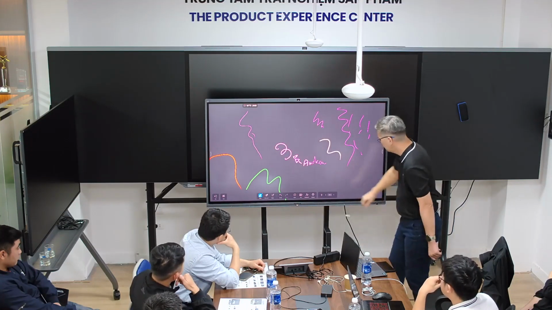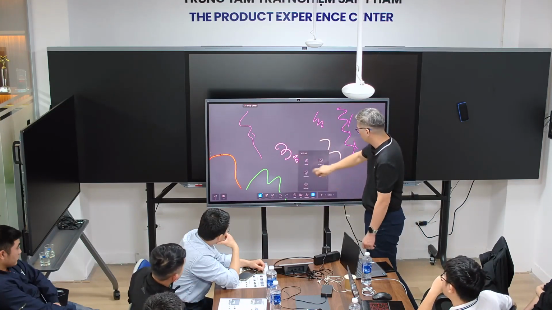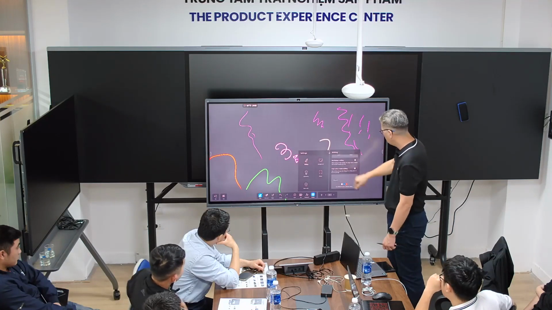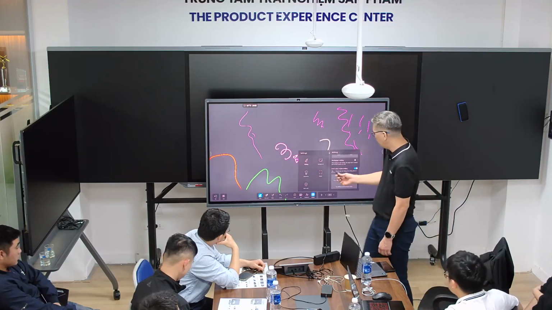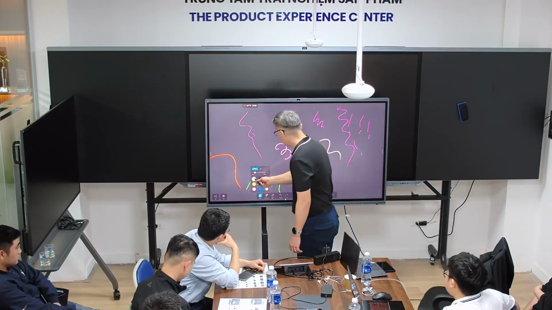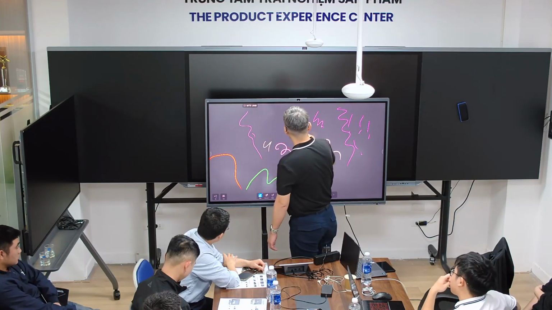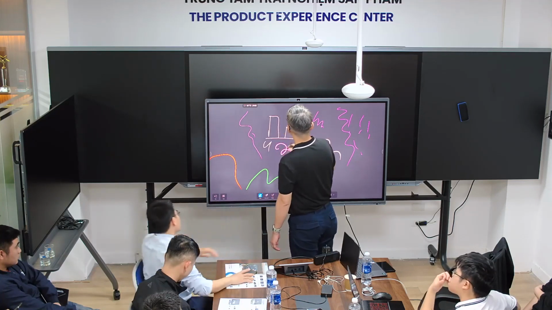But you can have multiple people writing at the same time. And also the dual color. If I enable the dual color, this one is, let's say, white. This one is red. So I can, for example, do a chart.